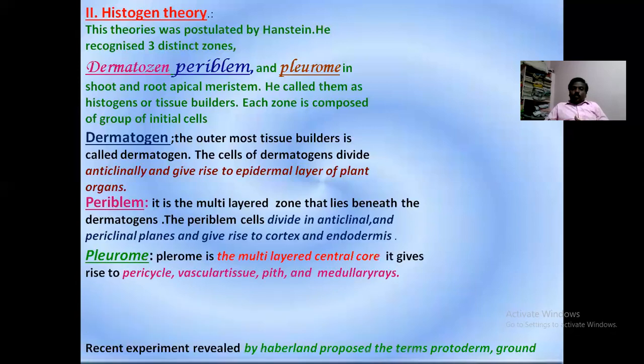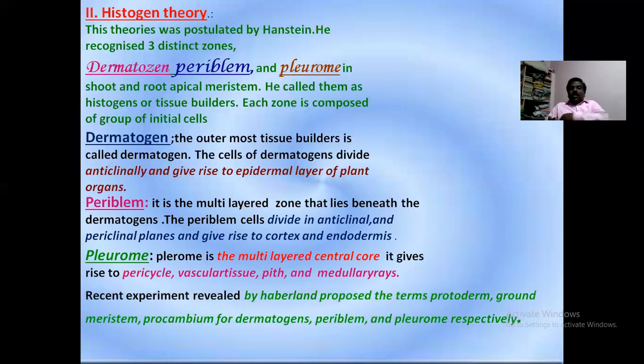Third one is plerome. Plerome is the multi-layer of the central core. It gives rise to the pericycle, vascular tissues, pith, and medullary rays.